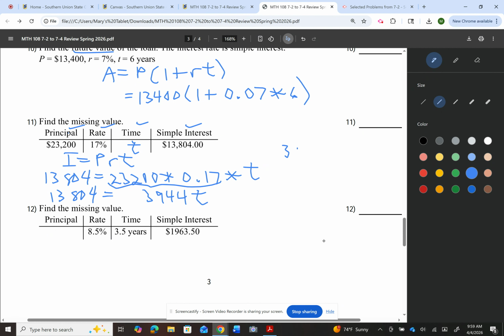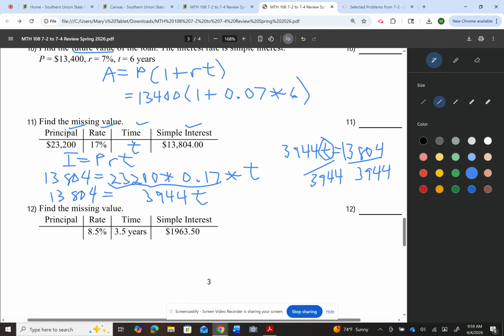So if we know that, we can just divide by the 39.44 on both sides to get our T by itself, using that little bit of algebra that we learned in chapter 6.